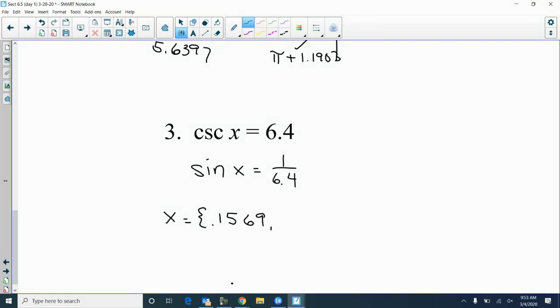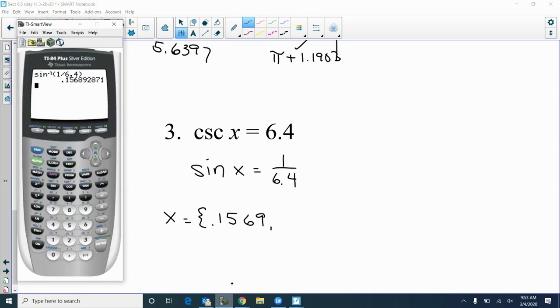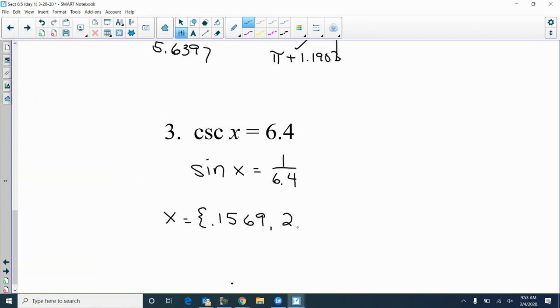What quadrant is my next one, Logan? Second quadrant. And so I'm going to take pi minus that angle. That's going to give me 2.9847. So all of those get two answers.